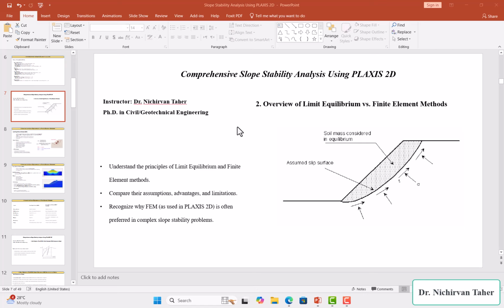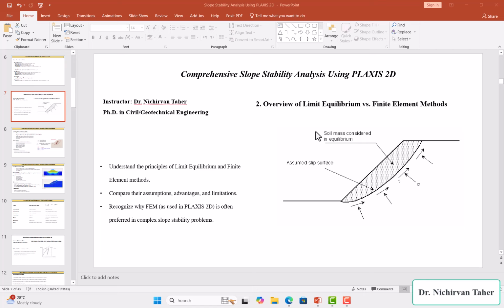This is tutorial number 2, overview of limit equilibrium versus finite element method for slope stability analysis. In this tutorial, we will understand the principles of limit equilibrium method and finite element method for calculation of factor of safety of a slope.